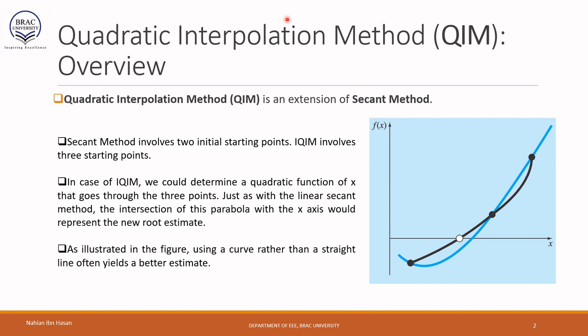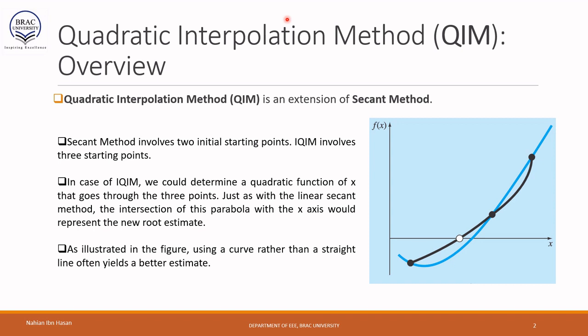So if you remember carefully, in the Newton-Raphson method, secant method or modified secant method, we try to fit a straight line through the initial starting points. But now through our initial starting points, since we have 3 points, we can fit a parabola. That means a higher order curve.